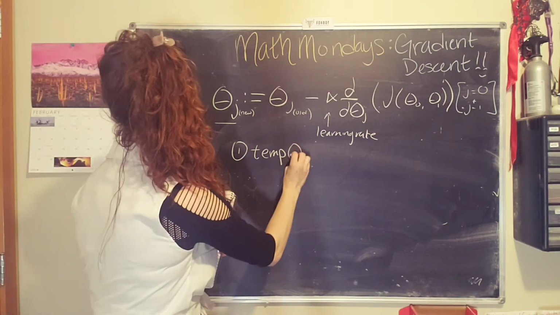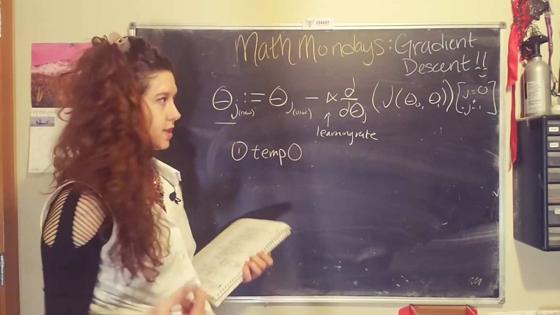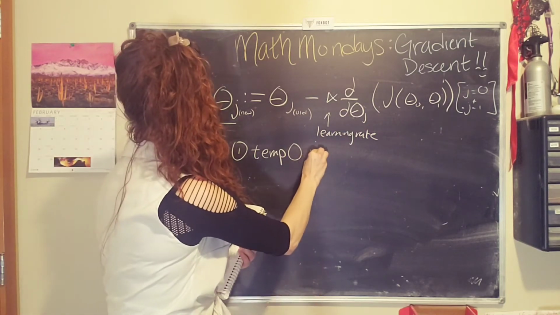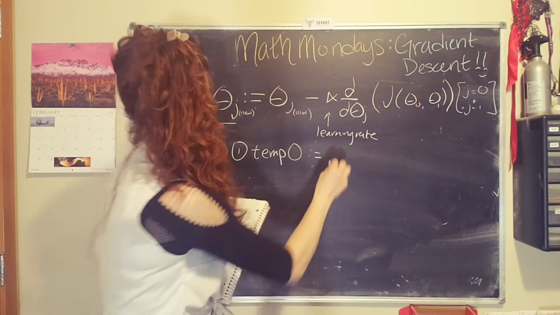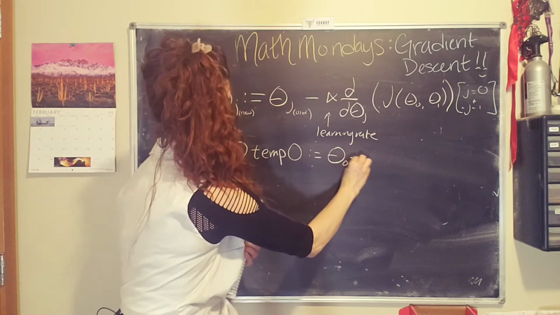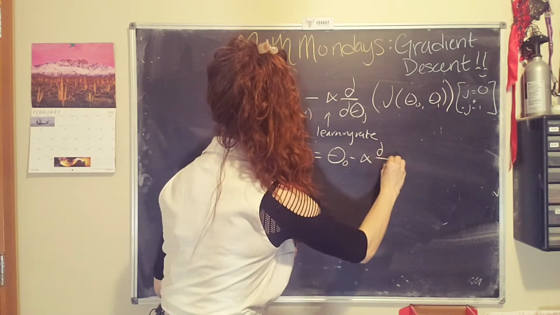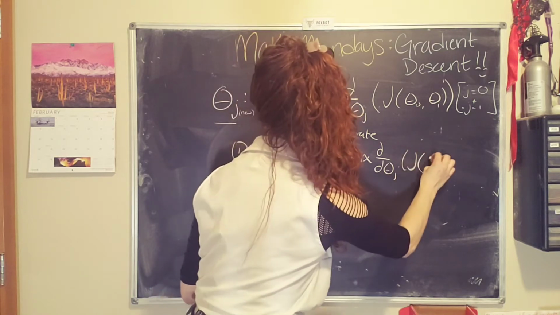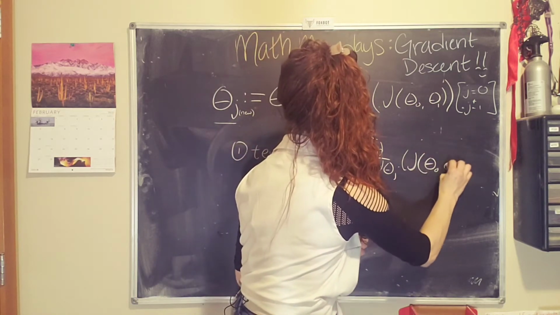So we're going to have temp0, which is just a temporary placeholder for our first parameter. And we are going to assign that to be equal to theta 0 minus the learning rate times the partial derivative of J(theta 0, theta 1).